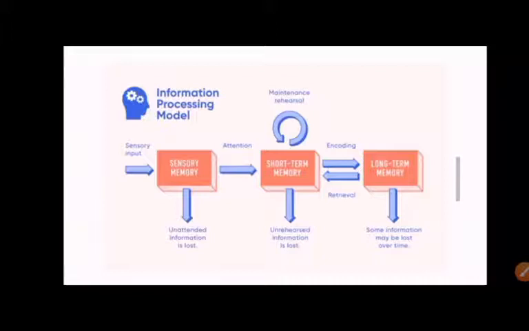From there, we process the information further. Some of the information we hold in our short-term memory is discarded or filtered away using selective attention, and a portion of it is encoded or stored in our long-term memory.